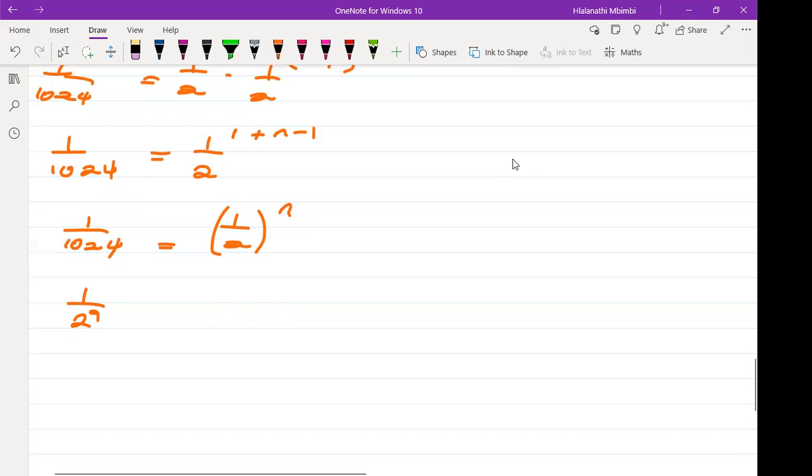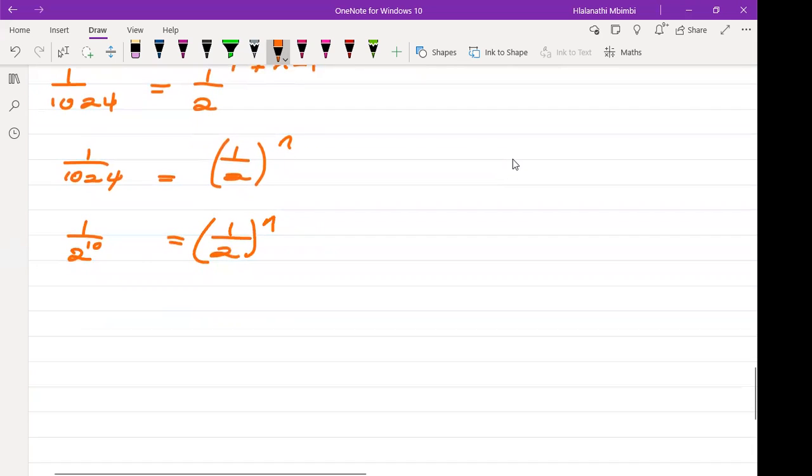Okay, so clearly we can write this as 2 to the power 10. Is everyone happy with that idea? So which means that we can write this as 1/2, all raised to the power 10, is equal to 1/2, all raised to the power n.